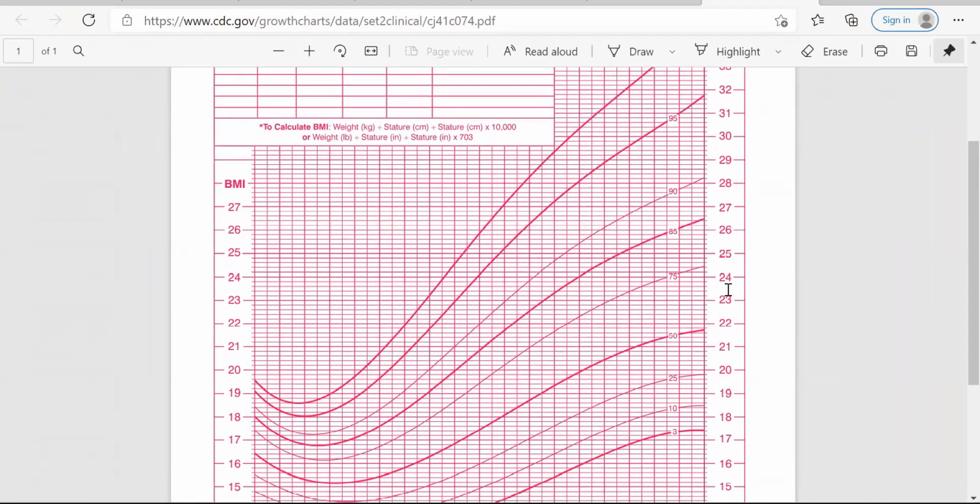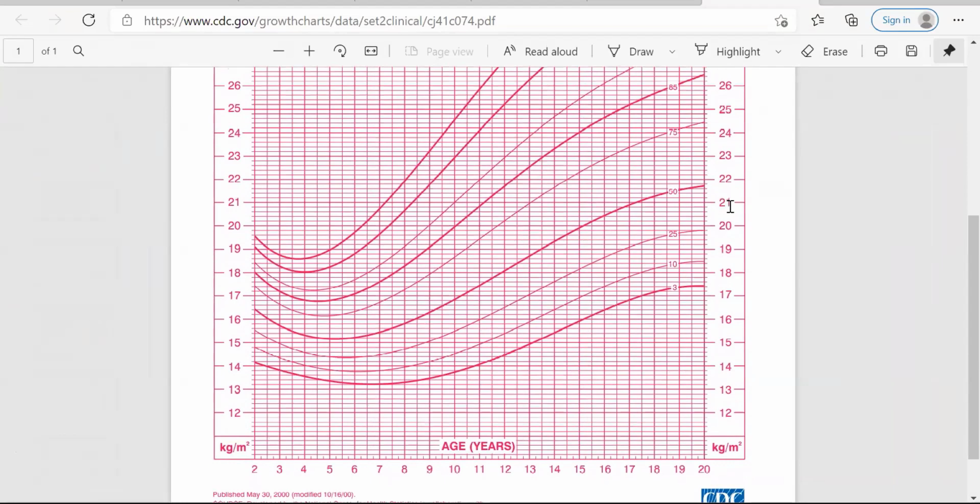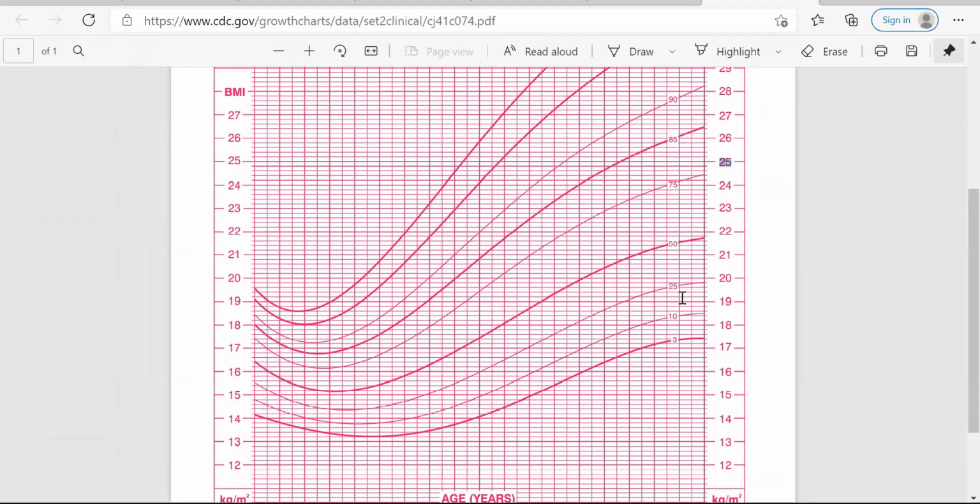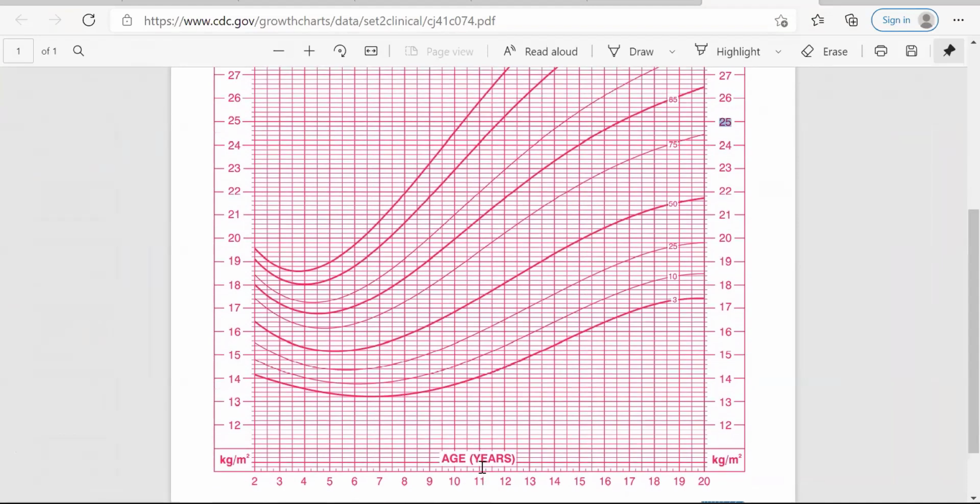So this is the BMI on the y-axis. What is the BMI? 25, right? So this is the 25, and this is your 11. So you need to go up along this line. If you go up along this line, what do you find out?